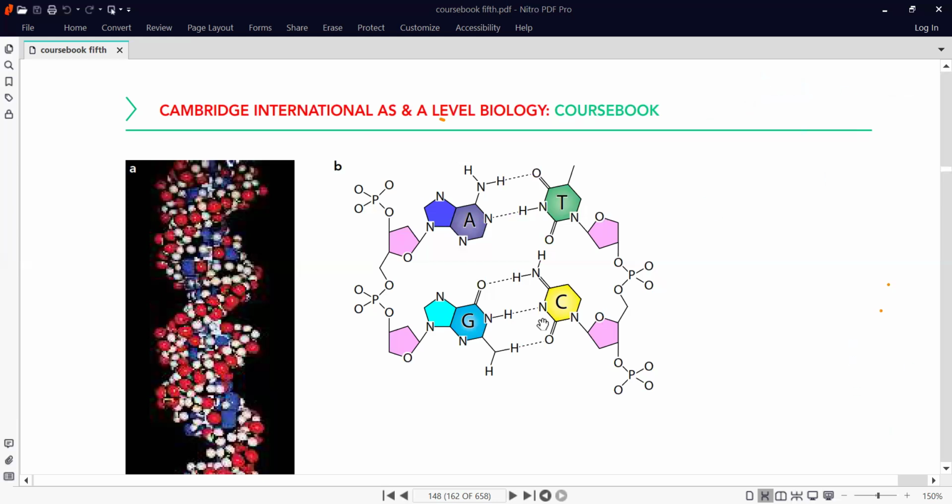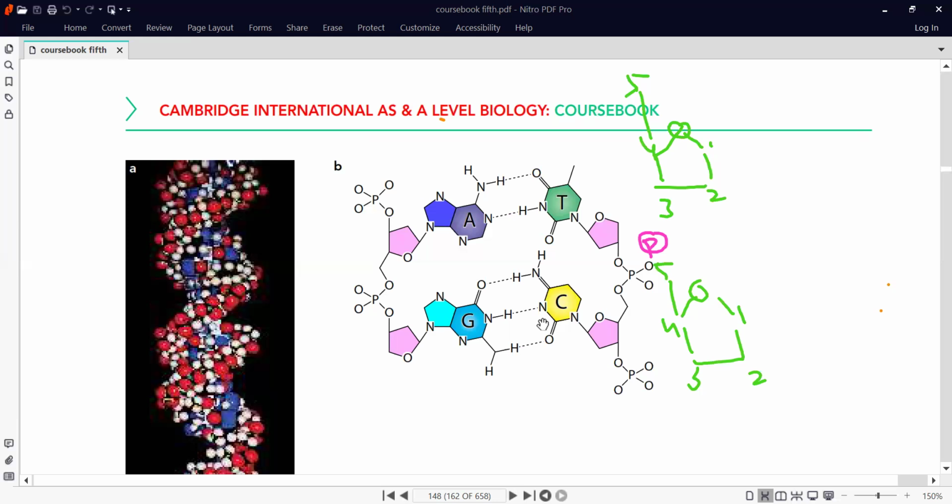They observed that DNA, when making the structure like this, 1, 2, 3, 4, 5. 1, 2, 3, 4, and 5. In between them, there was a phosphate group, like this.